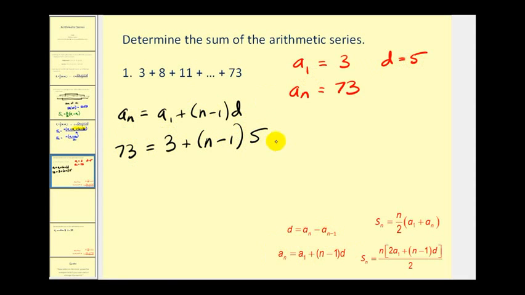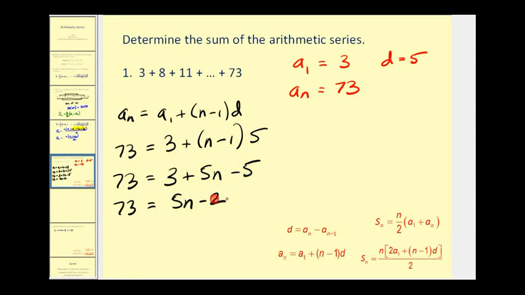Well, here we have one unknown, so we should be able to solve for n. Distribute the 5. Combine like terms. This will be 3 minus 5. That'll be 5n minus 2. Add 2 to both sides. It'll be 75. Divide by 5. Looks like n equals 15.